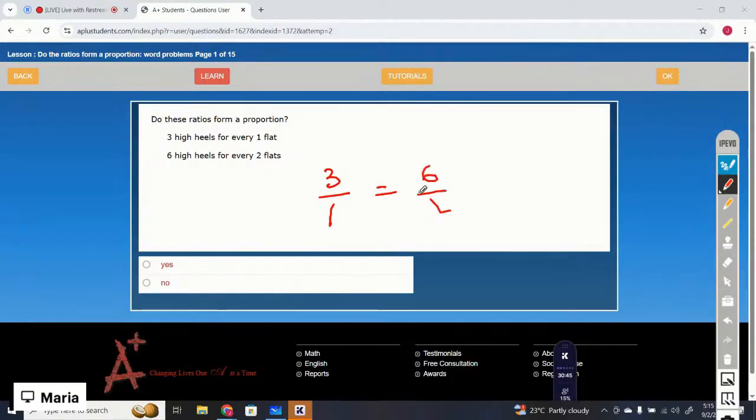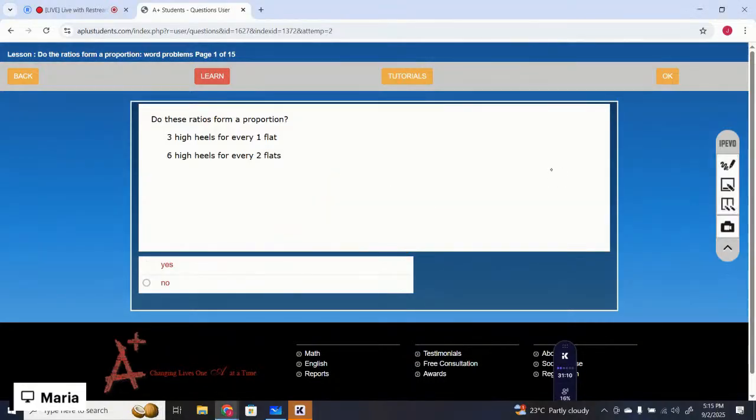So let's cross multiply. 2 times 3 is 6, and 6 times 1 is equal to 6. So the correct option is yes, they form a proportion. Option number 1 is the correct option.